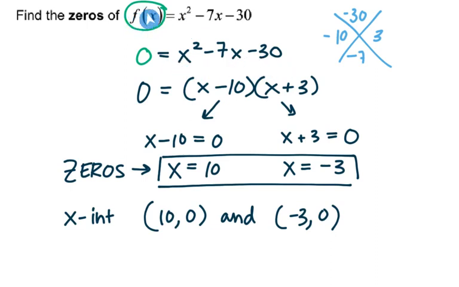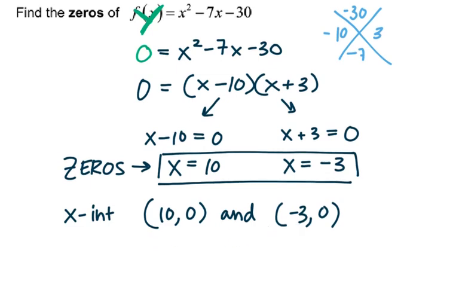So notice this was a function. This had an output of y. Remember, f of x is just a fancy way to write y. So treating this like a function, we let y be equal to 0, and the zeros represent those two x-intercepts.